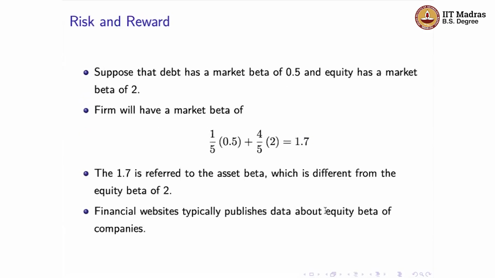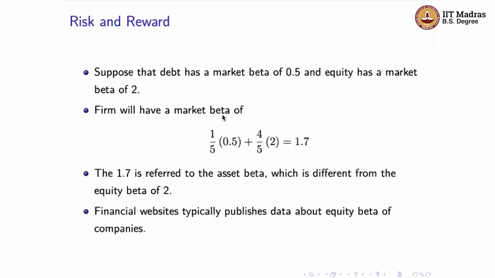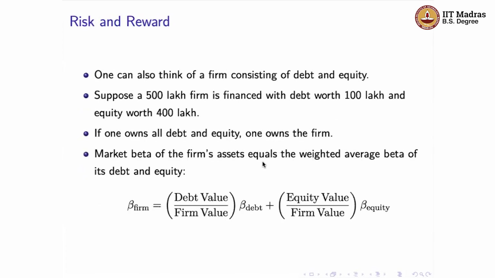Okay, so let's consider this example that we have. Suppose that debt has a market beta of 0.5 and equity has a market beta of 2. Okay, so in that case, the firm will have a market beta which is given by this expression. So how do we get this? Well, the firm was worth 500 lakh, out of which debt was around 100 lakh and equity was 400 lakh, right? So this ratio of debt value to firm value would be 1 by 5, right?